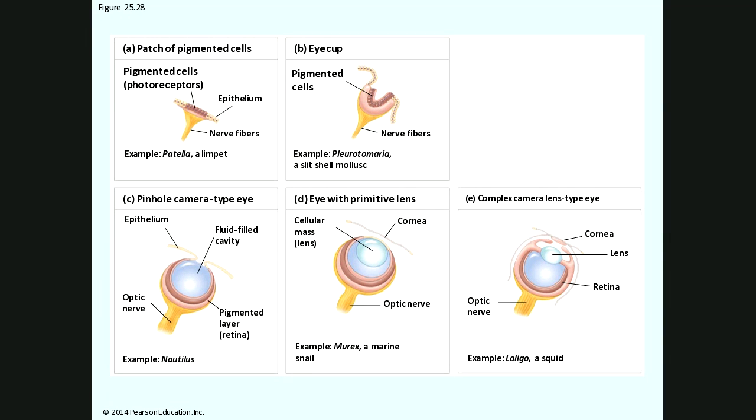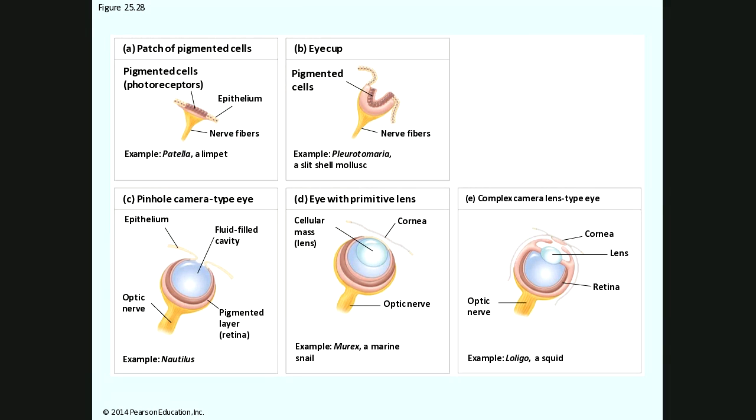Now, what you see happening in B through E, and again, this isn't an A&P class, I'm not going to talk about the specifics of the eye, but the eye is becoming more advanced. For example, in B, we make an eye cup. So now light can be focused from different angles. The object doesn't have to be right in front of you like in the pigmented cells.